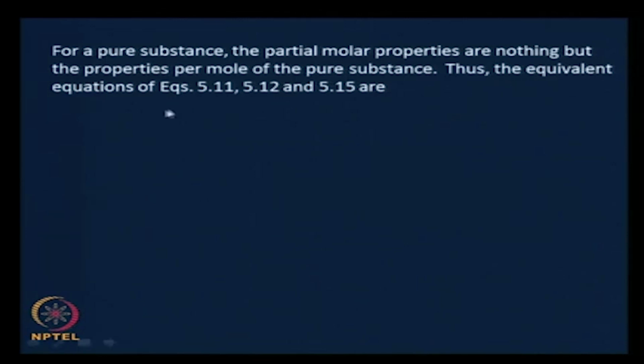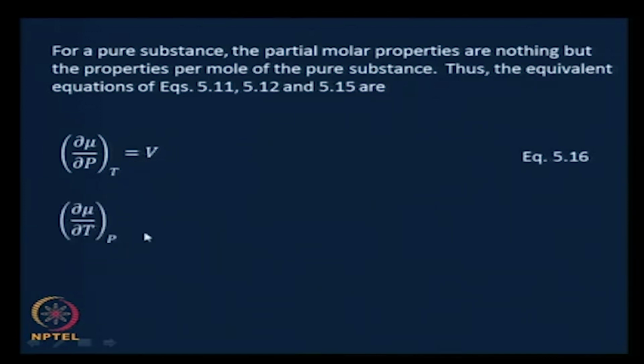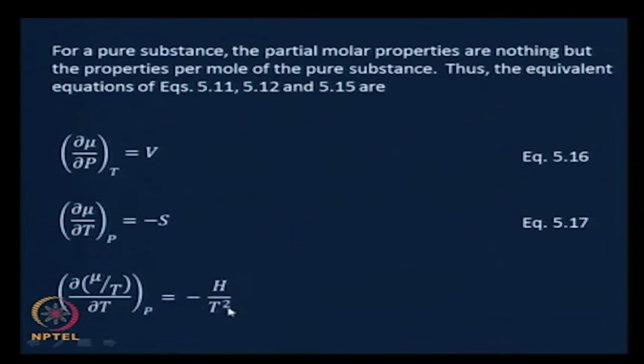Thus the equivalent equations of 5.11, 5.12 and 5.15 are: ∂μ/∂P at constant T equals v, equation 5.16; ∂μ/∂T at constant P equals minus s, equation 5.17; and ∂(μ/T)/∂T at constant P equals minus h by T squared, equation 5.18.